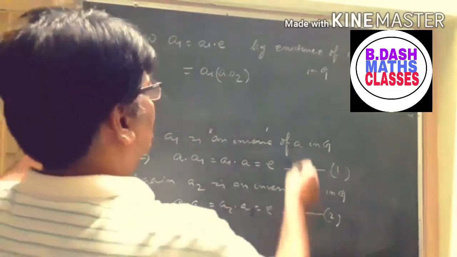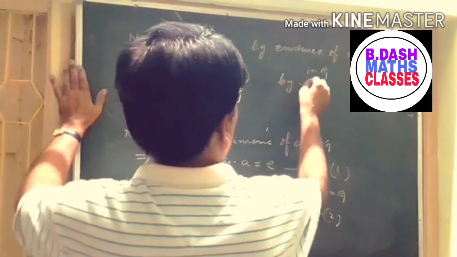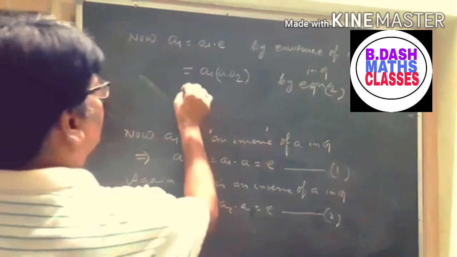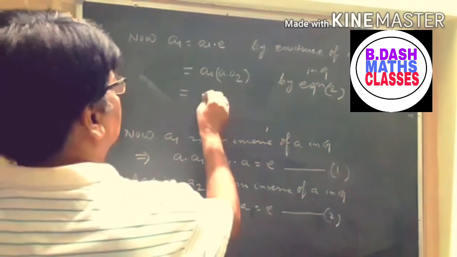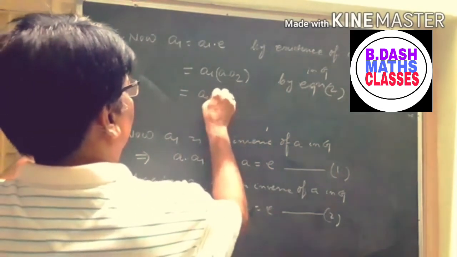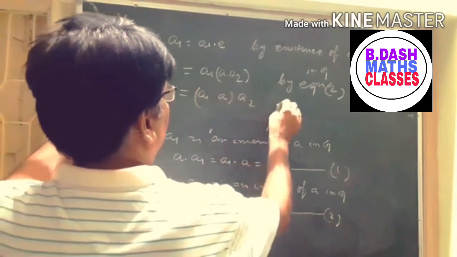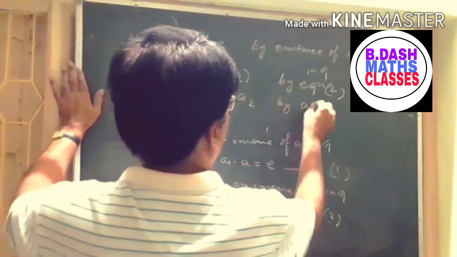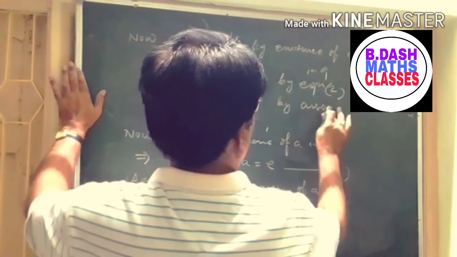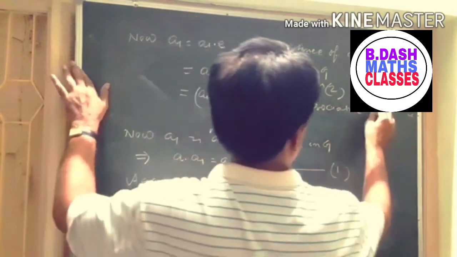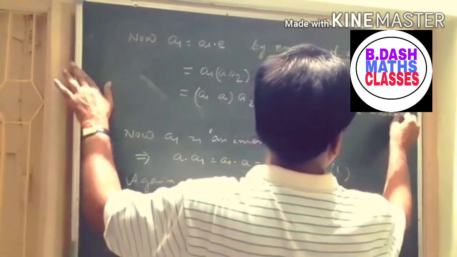This is by equation 2. This is equal to A1 A into A2 by associative axiom.